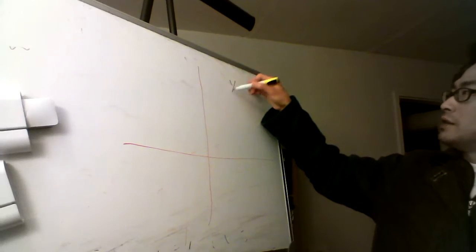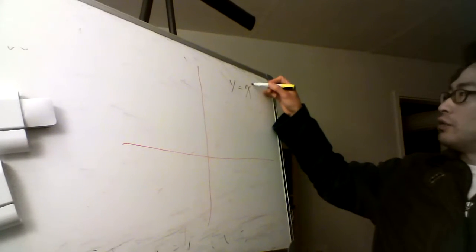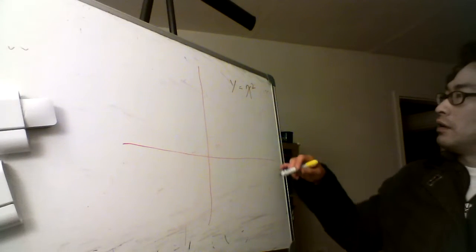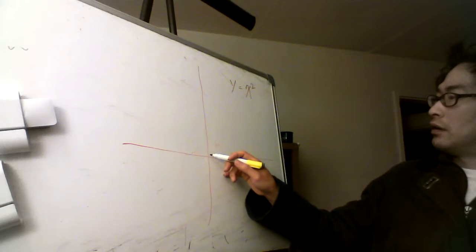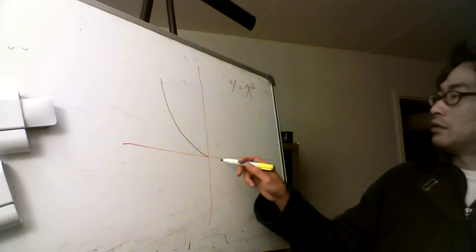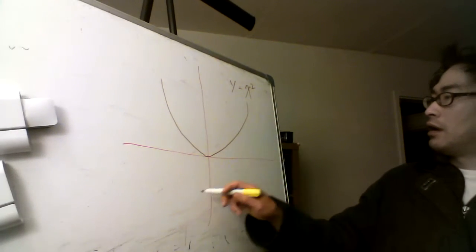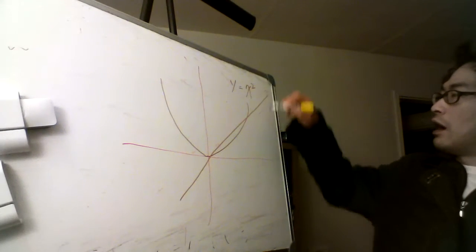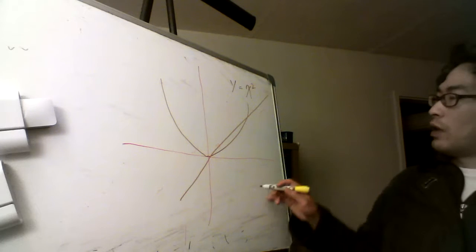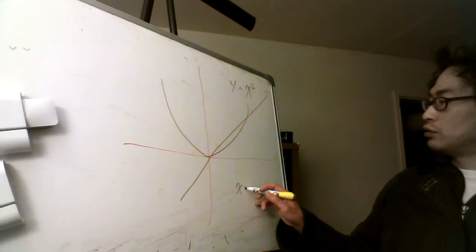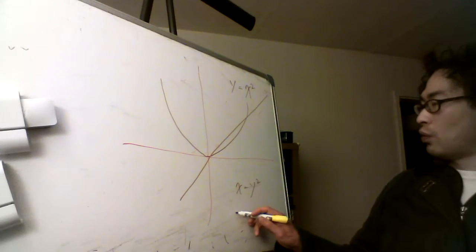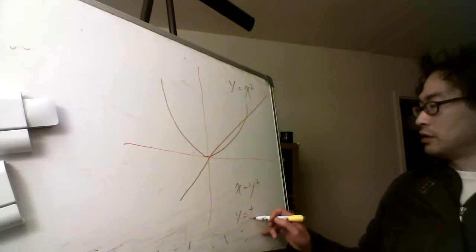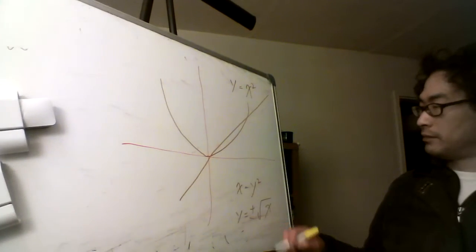You have y is equal to x squared, okay? Like this. Parabola, right? And you have this y is equal to x. Now, you switch x and y, right? So x is equal to y squared. So y is equal to plus minus square root of x, right?